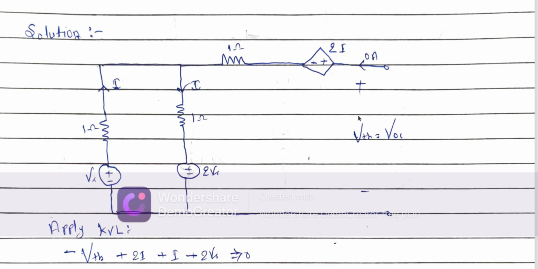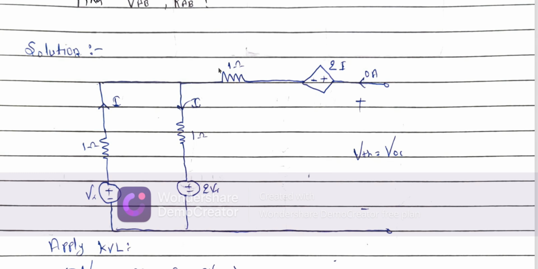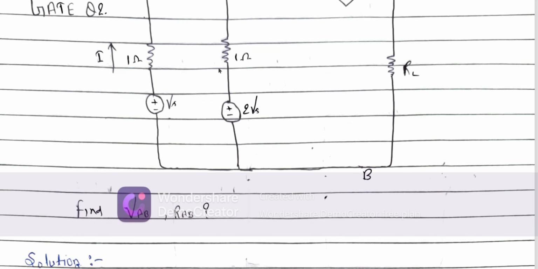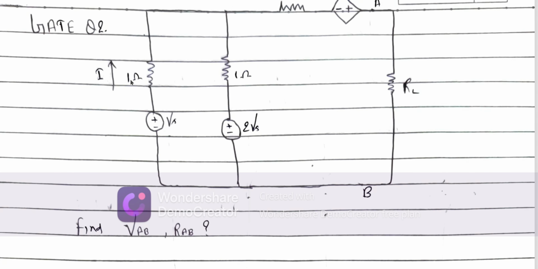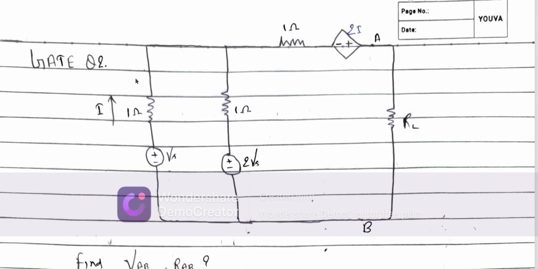You can see this in the upcoming slide. For this, VTH is the open circuit voltage, and due to the open circuit, the current will be 0 ampere. The current I is given in the question.